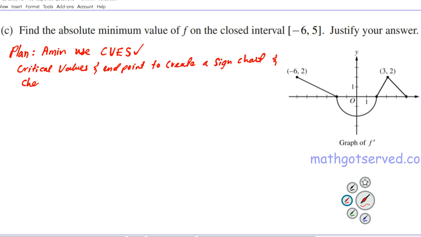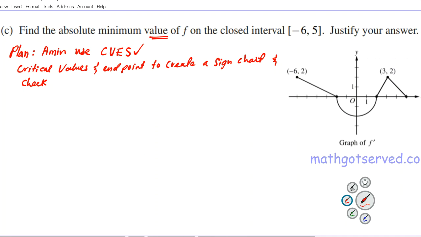The reason why we're checking is we want to see which one is the smallest or which one is the biggest. So in this particular case, we're going to be checking the relative minimas to see which one is the smallest. The smallest one of them is going to be the answer. Notice that in this problem you don't ask for where it's at, you ask for actually what the value is. What is the smallest output value?